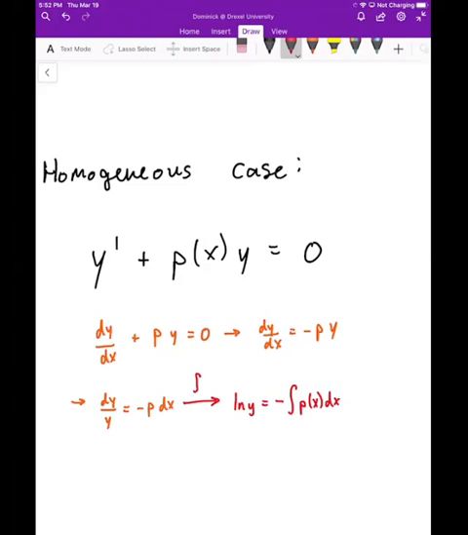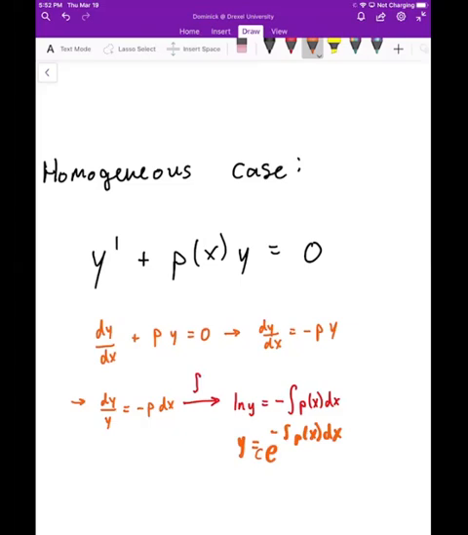I'm not just tacking on an x, p is some function of x. And by exponentiating, we would get that y is equal to e to the negative integral of p of x dx, and technically we should have some constant c in there as well.